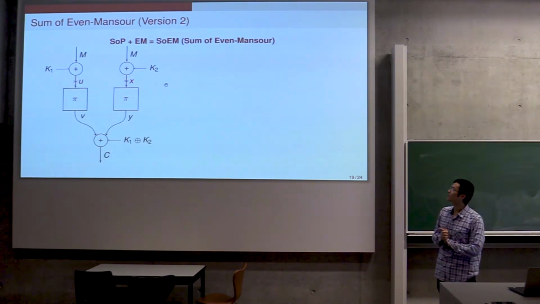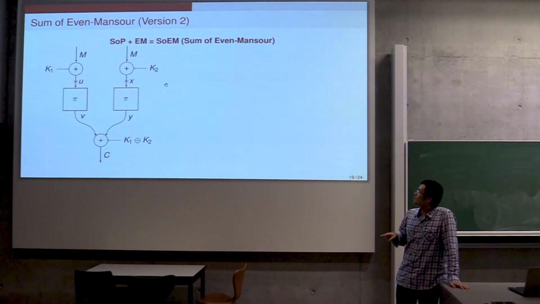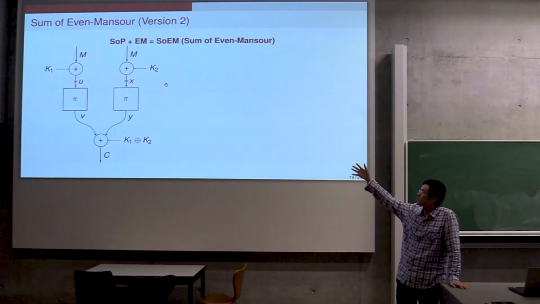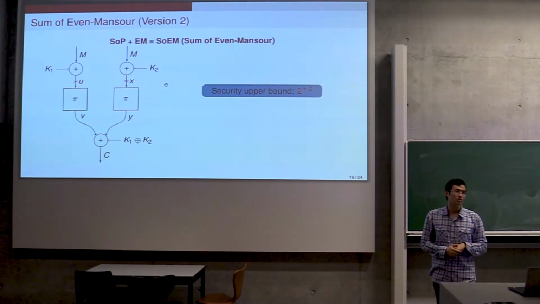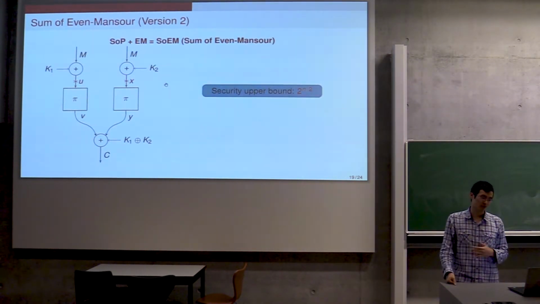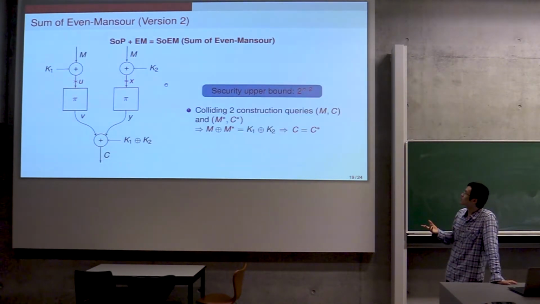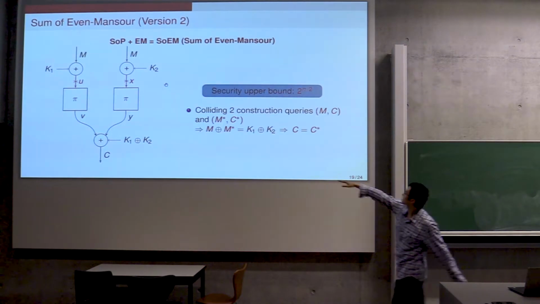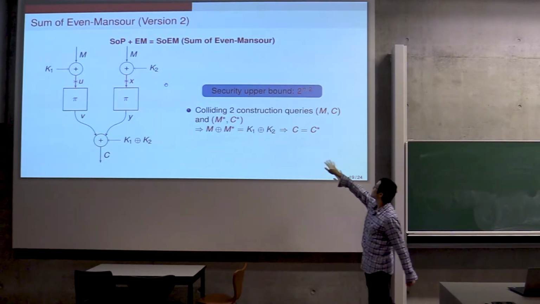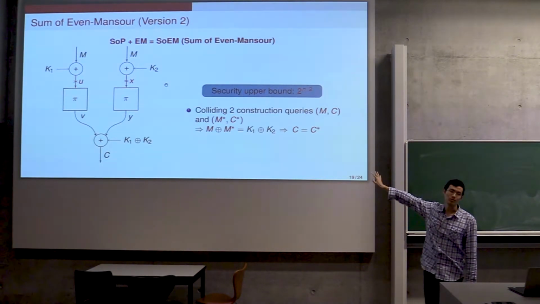Now, suppose we use 2 identical permutations with 2 independent keys, K1 and K2. This construction can still be broken in the birthday bound because as long as we can find 2 collisions between 2 construction queries, then as long as this equation happens, the output of those 2 construction queries will be the same.